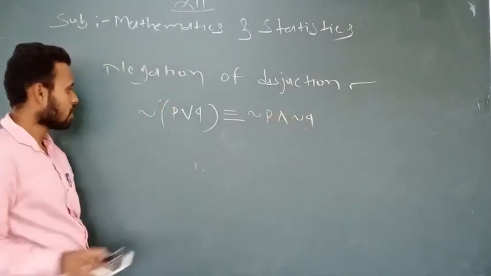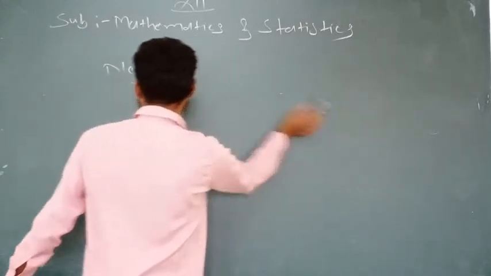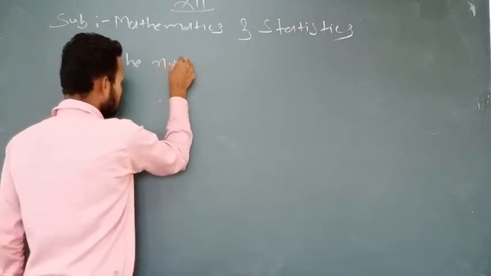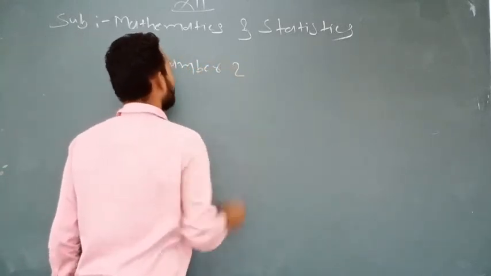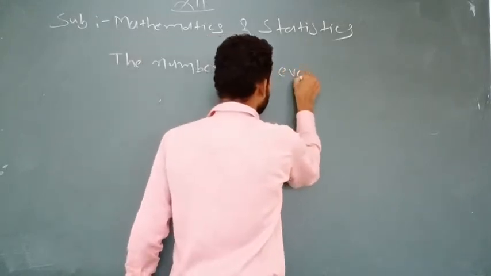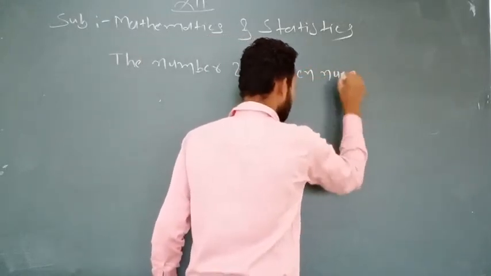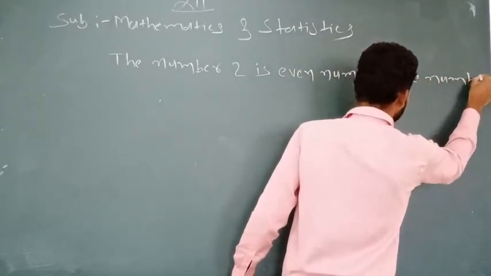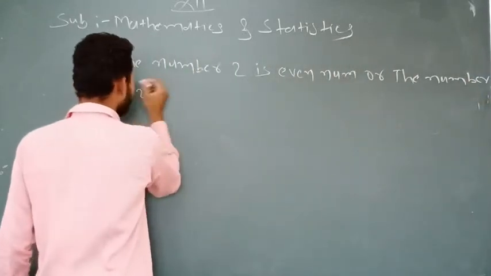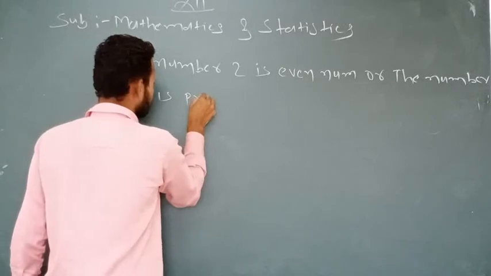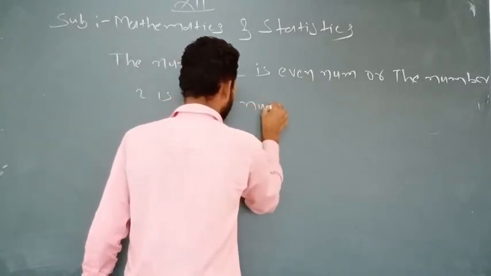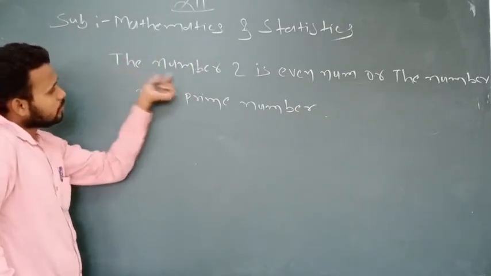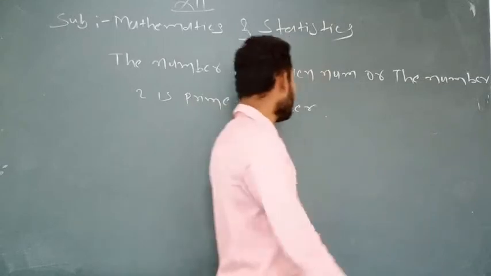For example, if I write: the number 2 is an even number or the number 2 is a prime number. The statement is: the number 2 is an even number or the number 2 is a prime number.